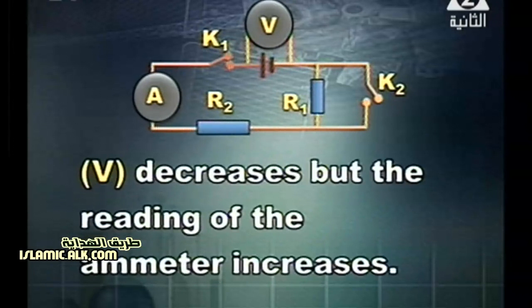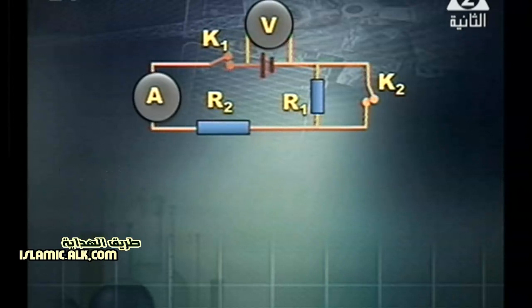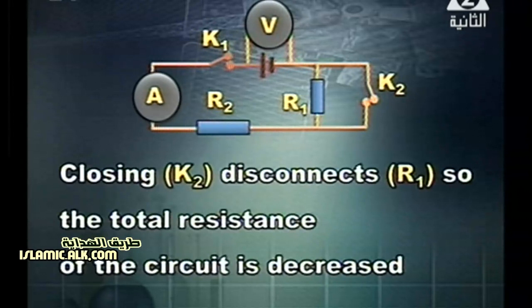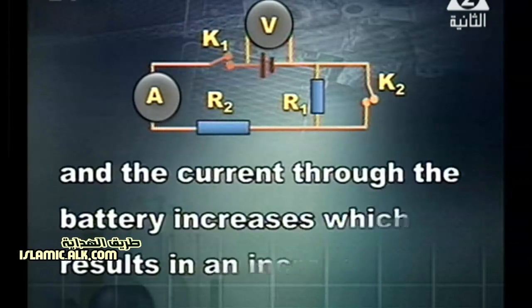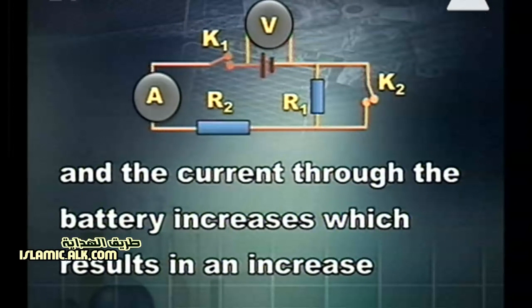Okay, V decreases, but the reading of the meter increases. We'll explain this. When closing the switch, it disconnects R1, so the total resistance is decreased. When resistance decreases, current increases, so the current passing through the battery and the whole circuit increases.